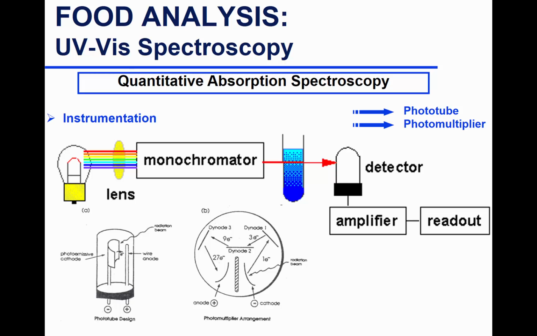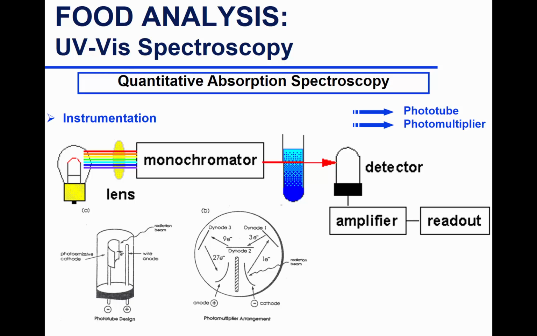But many times you have an amplified system where you have a photomultiplier, and that's the same detector you had in your AA instrument if you ran the AA lab. An amplifier intensifies the signal, enhances the sensitivity, and reduces the threshold.